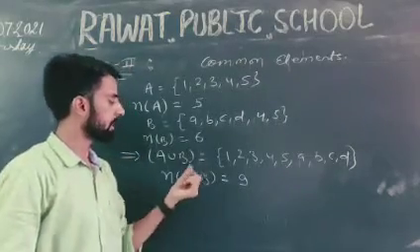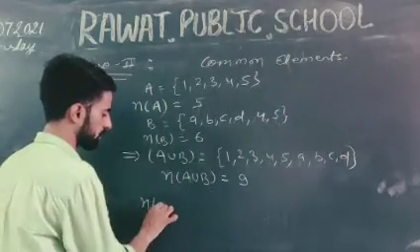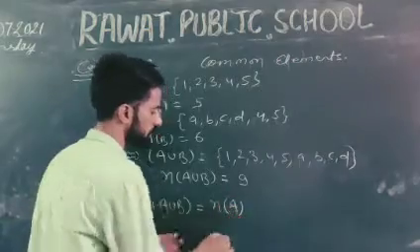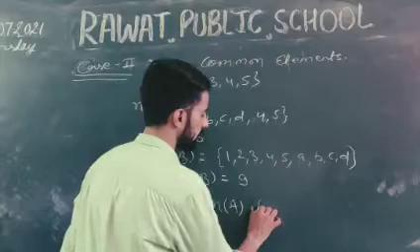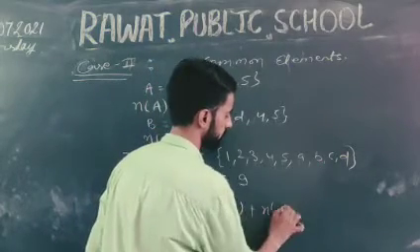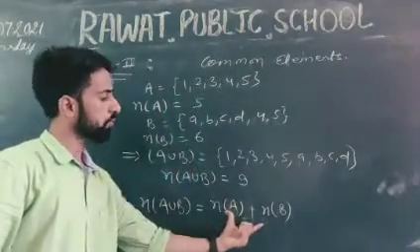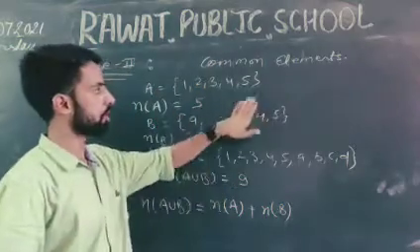So if I mention the formula for n(A union B), I am taking all the elements of set A, that means 1, 2, 3, 4, 5. Then I am taking all the elements of B, but doing so will give me 4, 5 two times, which are the common part.